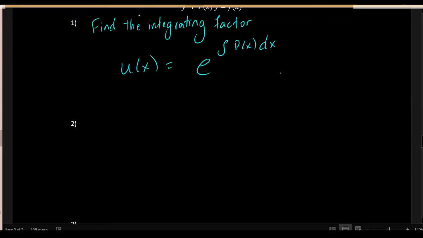A note: when you do this, you don't have to worry about the plus c in this integral. Everything will work itself out, even if you ignore it.